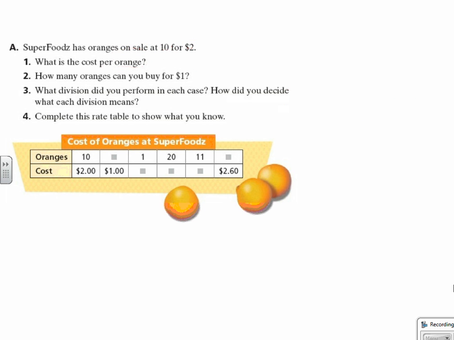If I wanted to figure out the cost per orange, I'm going to take the cost, $2, and divide that by the number of oranges that I get for that. So 2 divided by 10 gives me 0.2, or in dollars, 20 cents.